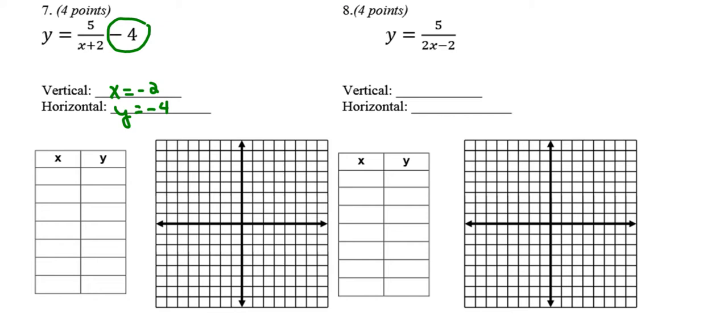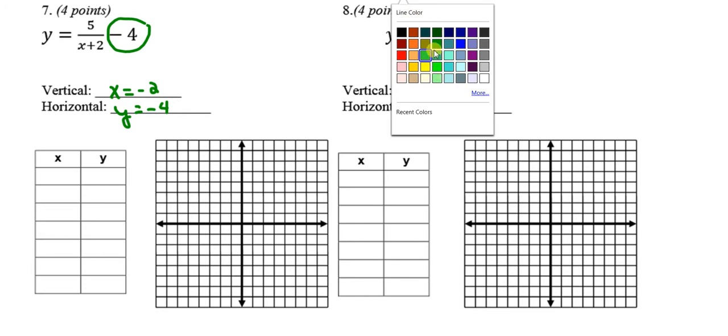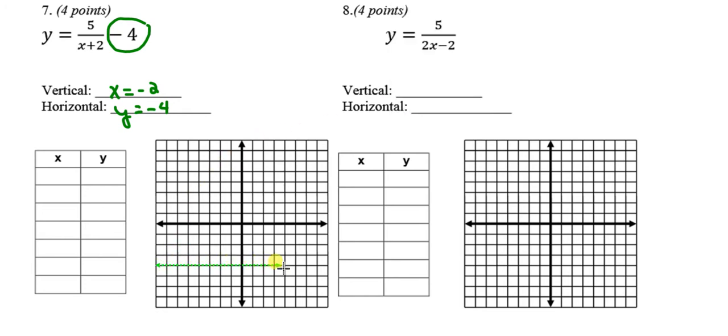And I'll kind of do it dotted and narrow, and let's go green. So y equals negative 4 is a dotted line right here, and x equals negative 2 is a dotted line right there.